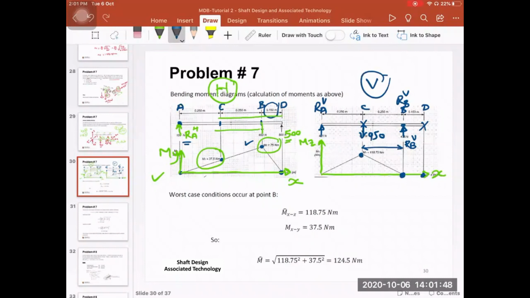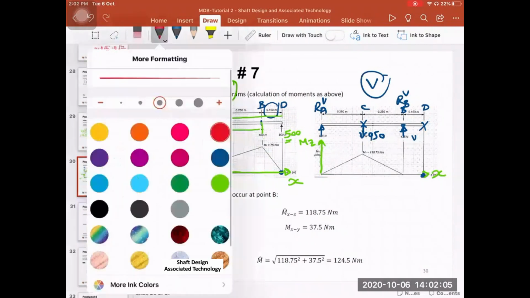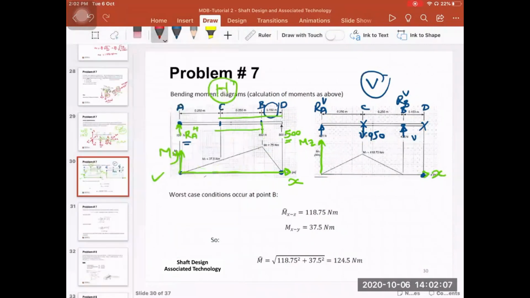Then you want to combine them together because they are perpendicular. One is vertical, one is horizontal. So you say, okay, where is the worst point? Where is the worst point here that has the maximum bending moment? I have two major points actually. If you remember yesterday, we were talking about the critical section. So we are now trying to identify the critical section.